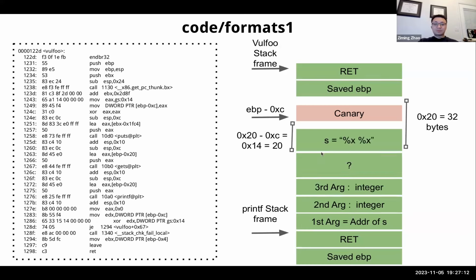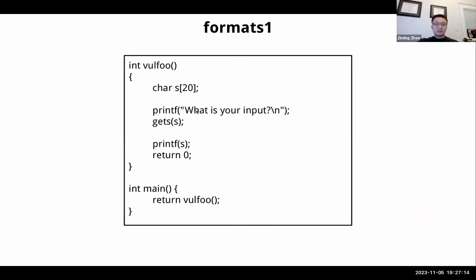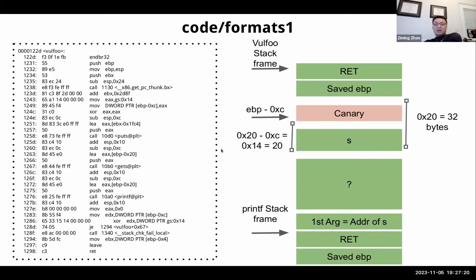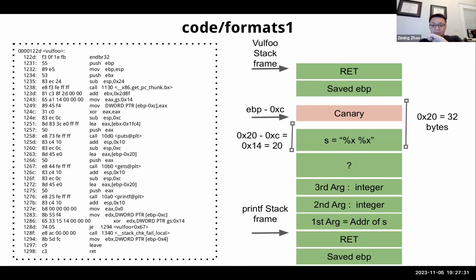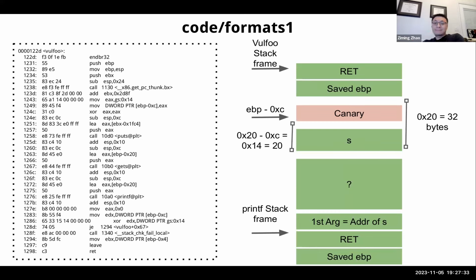After that, it will make several function calls: printf, gets, another printf. In the second printf, imagine that we're already done with the first printf and gets. The second printf is also a function, so its own stack frame is also on the stack, and it looks like this.